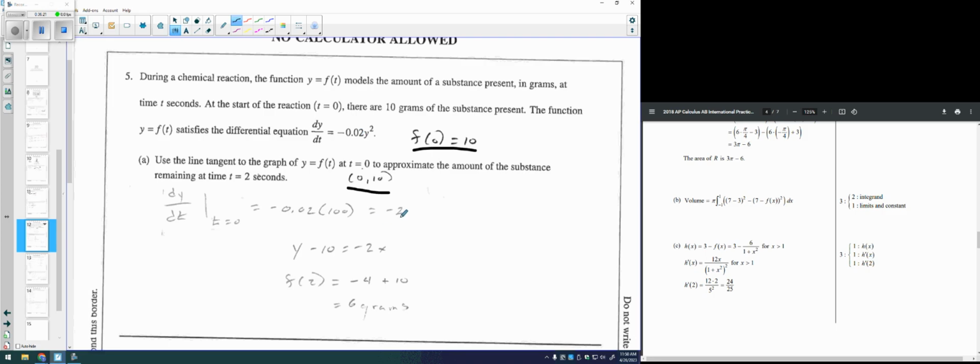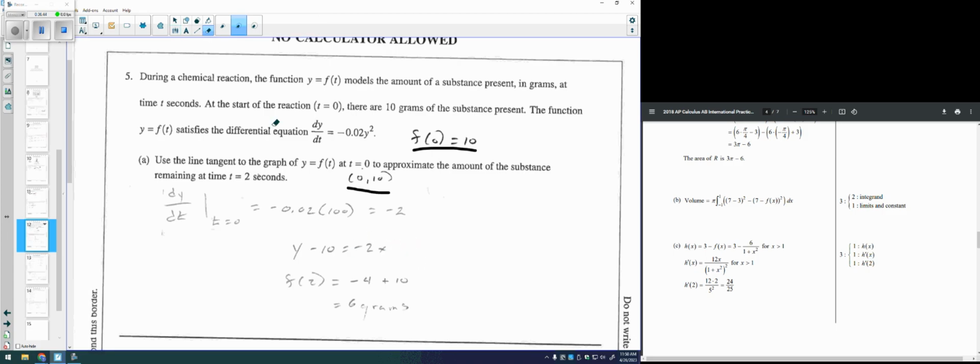Are you expected to be able to do that without a calculator? Clearly, because they have it on a no calculator section. Yes, we can multiply 100 times 100th. It just comes out to be negative 2. Okay, so there's my slope. So y minus y1 equals m times x minus x1. So technically, I have that, but I don't need all that.